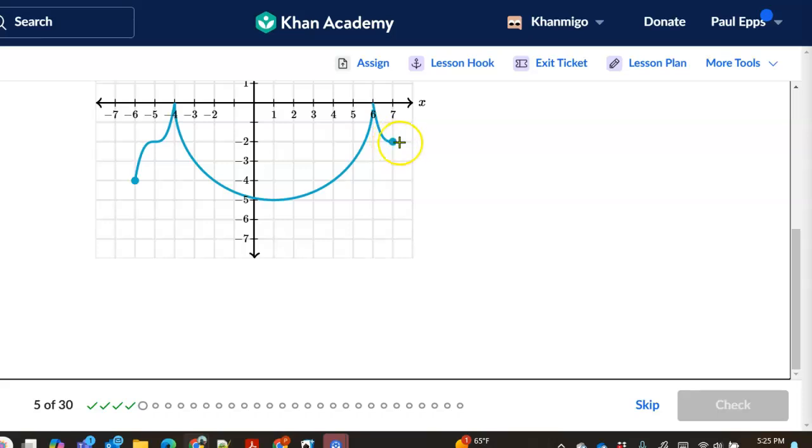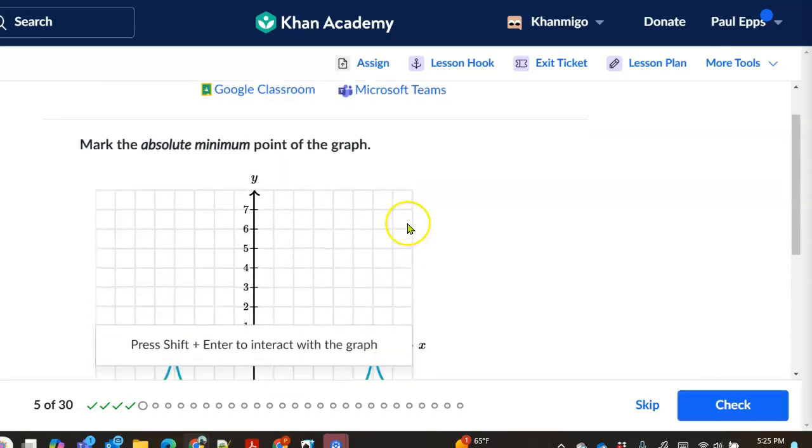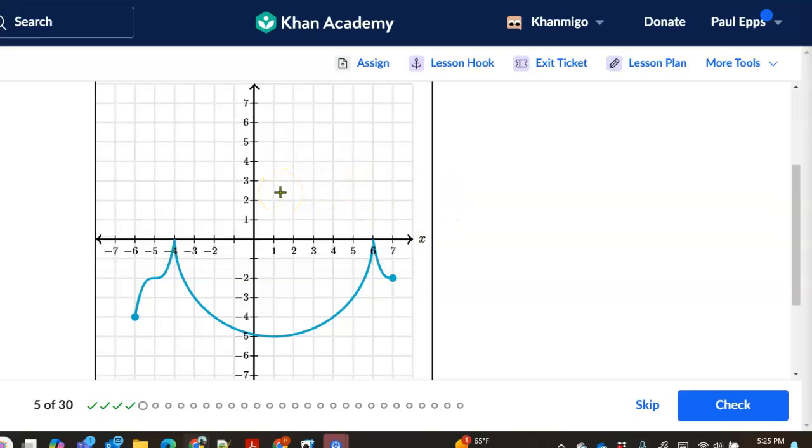Am I supposed to be able to move something? Oh, press Shift Enter to interact. Oh, okay. All right, now I'll try it. Can I do it now? That looks like the absolute minimum to me.